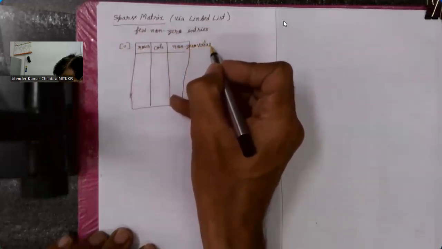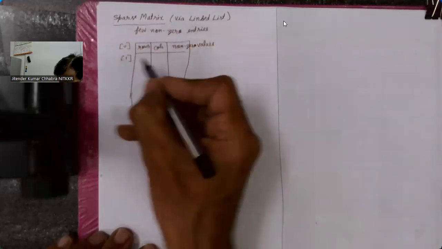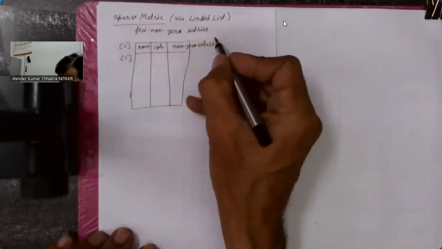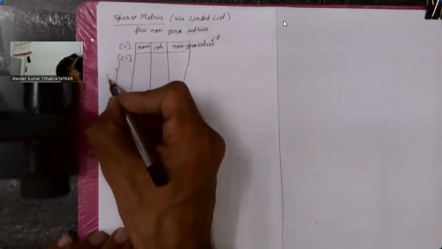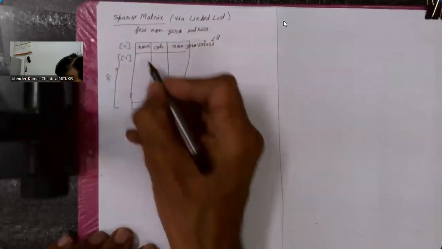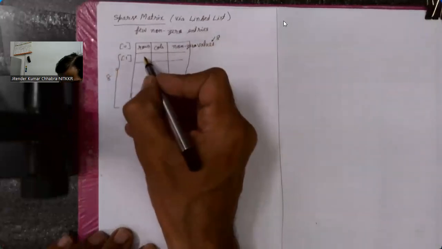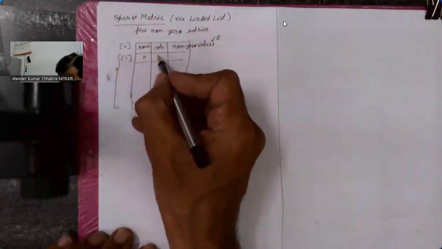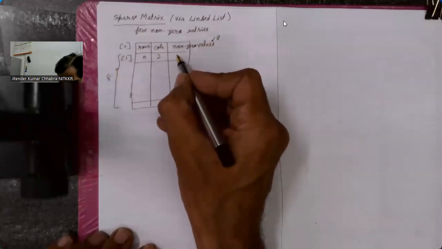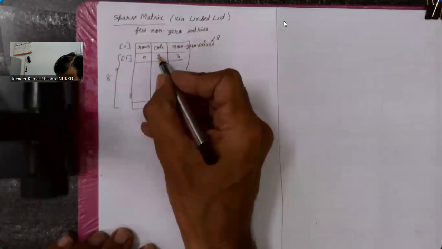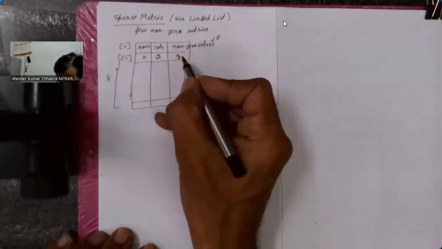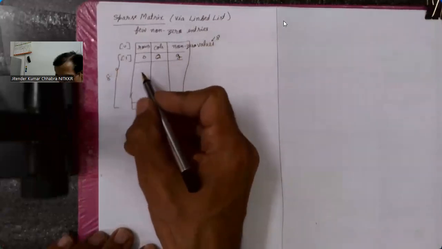From entry 1 onward, if this value is, let's say, 8, then there will be 8 more entries. The first non-zero value is, let's say, 0, 0, 2, a value discussed in the book also.